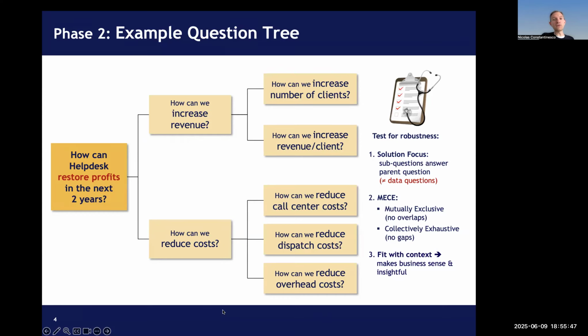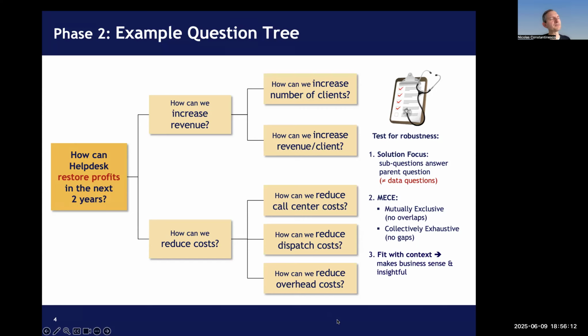How can we increase revenue versus, how is our revenue structured, or what are the sources of revenue? That distinction is very clear. If we answer how can we increase revenue in a good way, that will give us useful solutions, and if we answer the other one, it'll just give us data that is probably not useful.